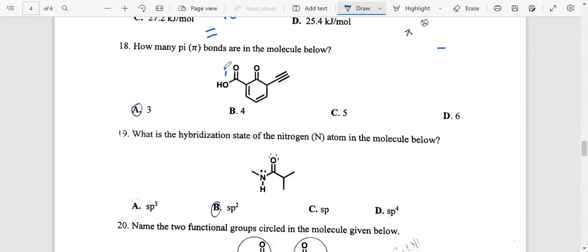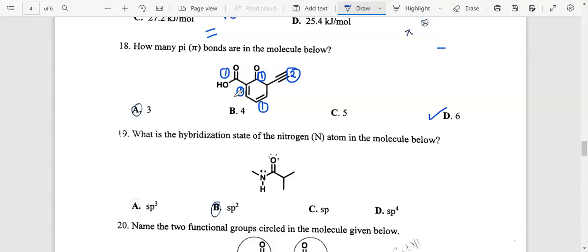So there is one pi bond here, one here, one here, one here, and then a triple bond has two pi bonds. So there are two pi bonds here. So 1, 2, 3, 4, 5, 6. We have 6 pi bonds. A double bond has one pi bond, a triple bond has two pi bonds.